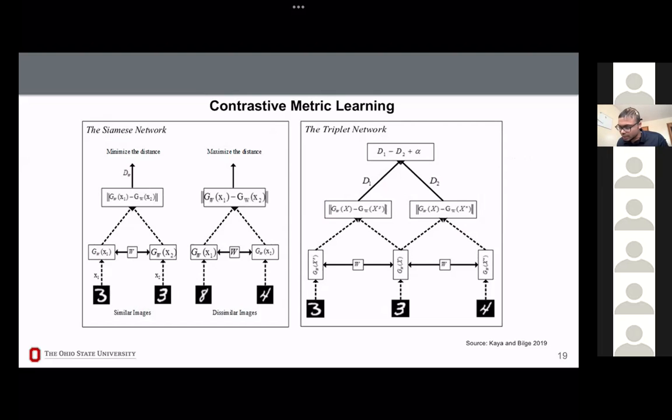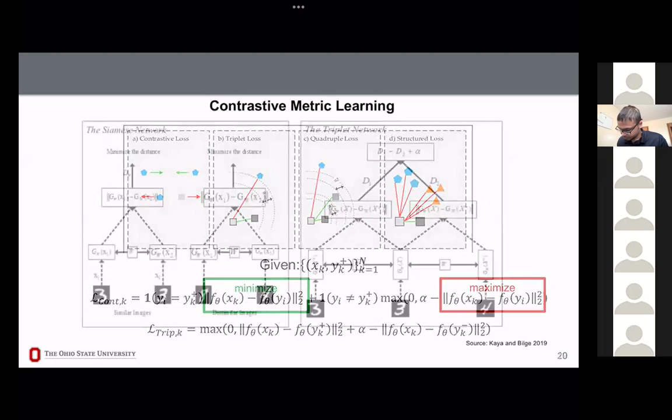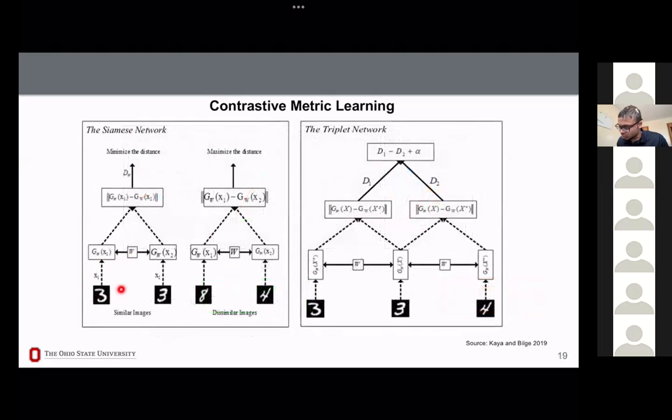And the idea is again the same: push the images of threes together. So basically here they're just minimizing the Euclidean L2 norm, where G_W is the neural network transformation. And if they are an 8 and a 4, then push them apart, so they maximize that distance or minimize the negative of that.